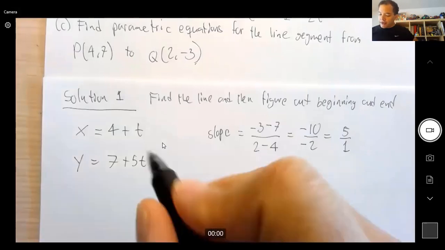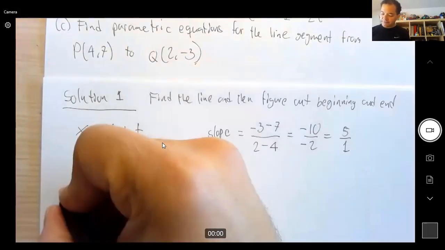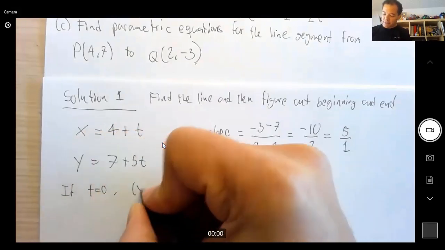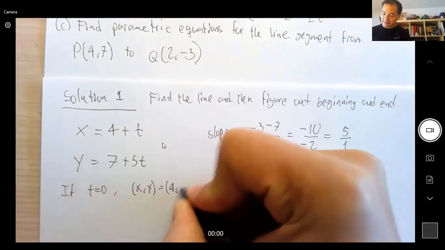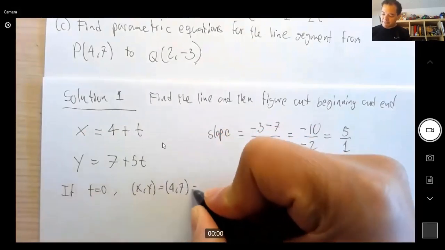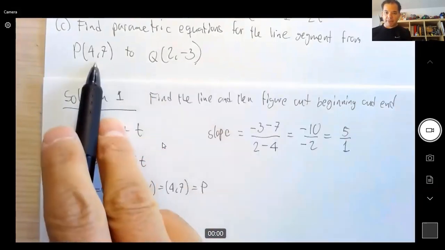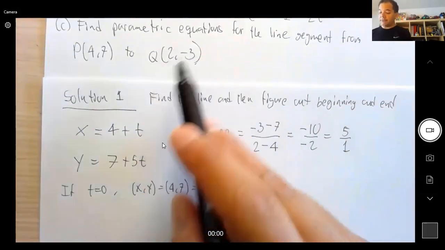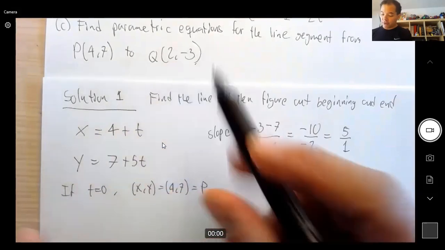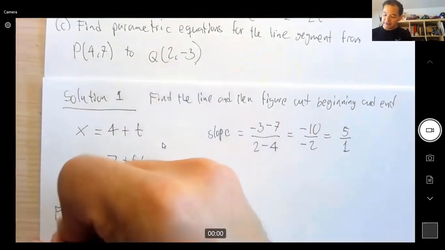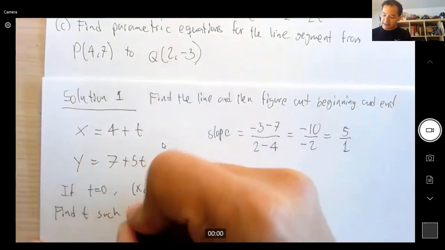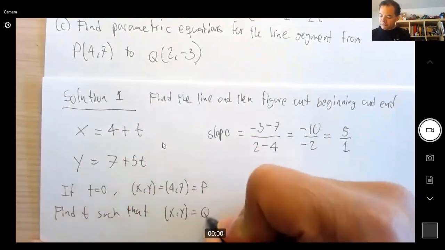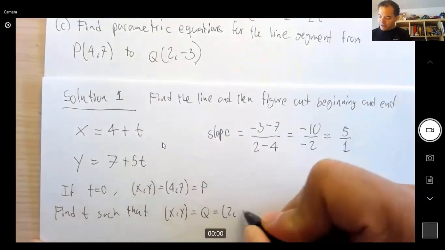So I already know that when we plug in t equals 0, then x comma y becomes 4, 7, and that's P, the point P. Now, the only thing I need to do is find out what t gives me the point Q. So find t such that x comma y equals Q, and Q is 2, -3.